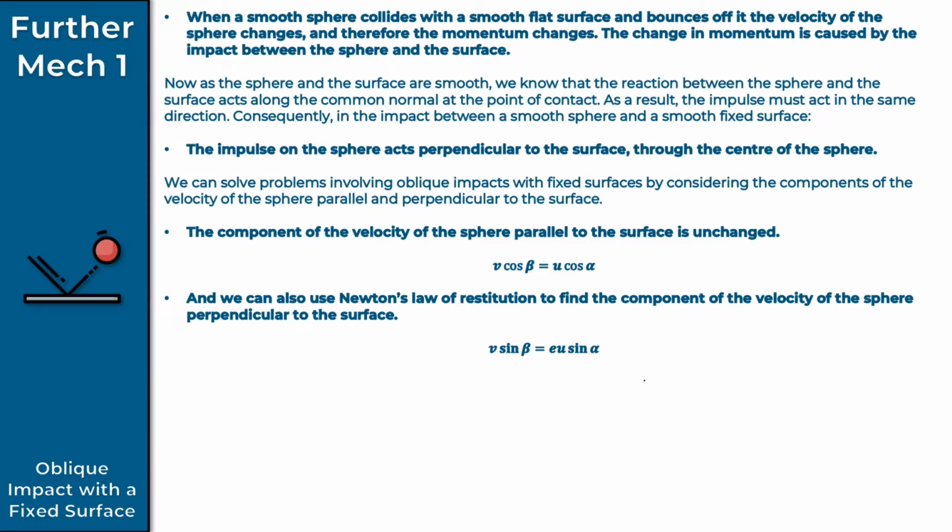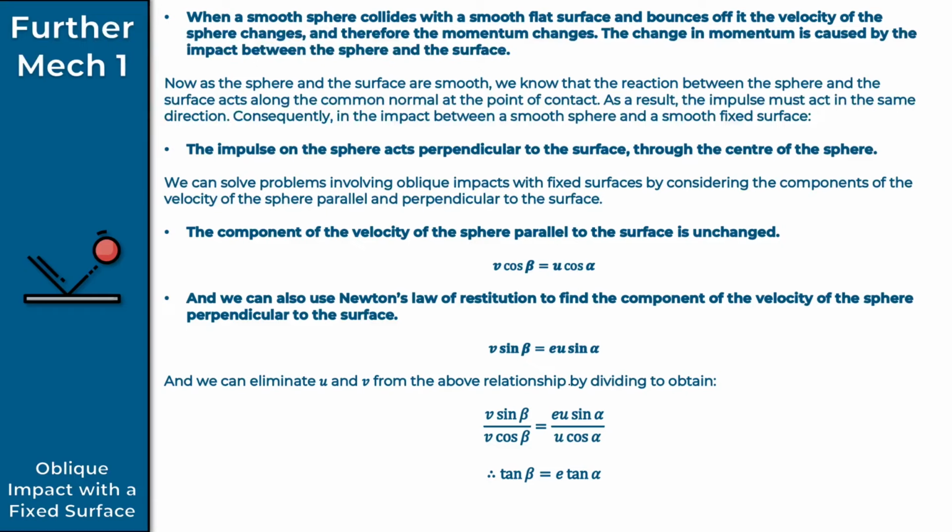What we can do here is eliminate u and v from the above relationships by dividing to obtain the following. I get v sine beta over v cos beta equals e u sine alpha over u cos alpha. Clearly the v's will cancel.